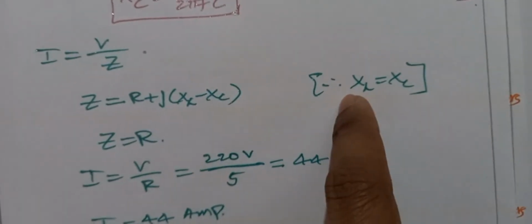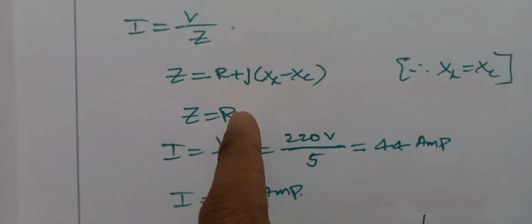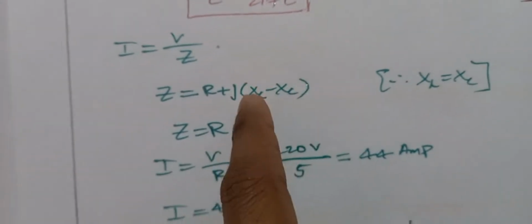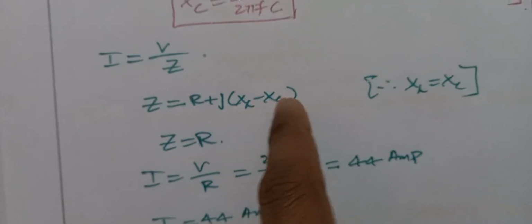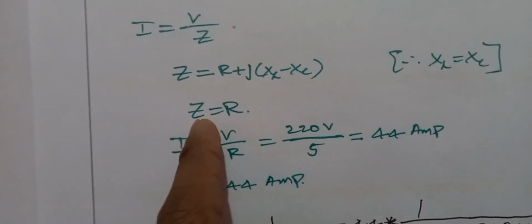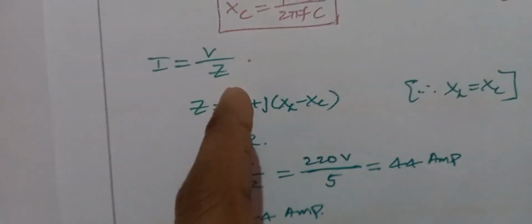Here, if inductive reactance is equal to capacitive reactance, then what will happen? Impedance Z equals resistance, because these two values are the same, so XL minus XC is 0 here. That's why impedance Z equals R, and I equals V by Z.